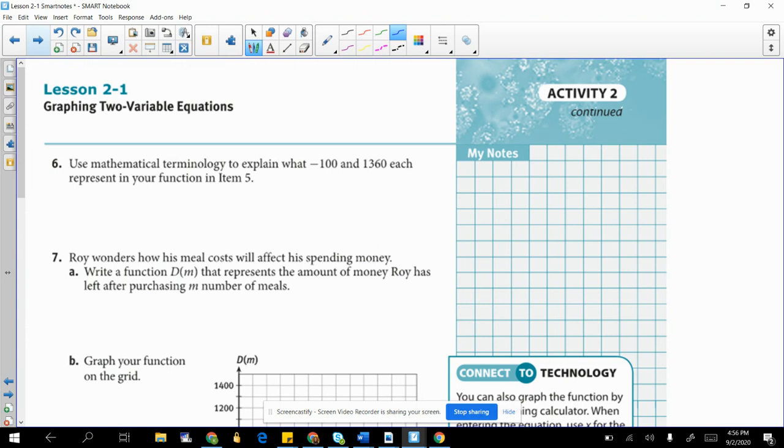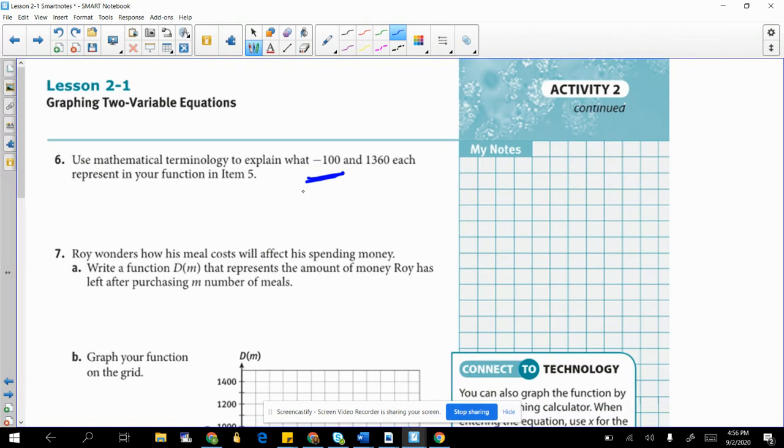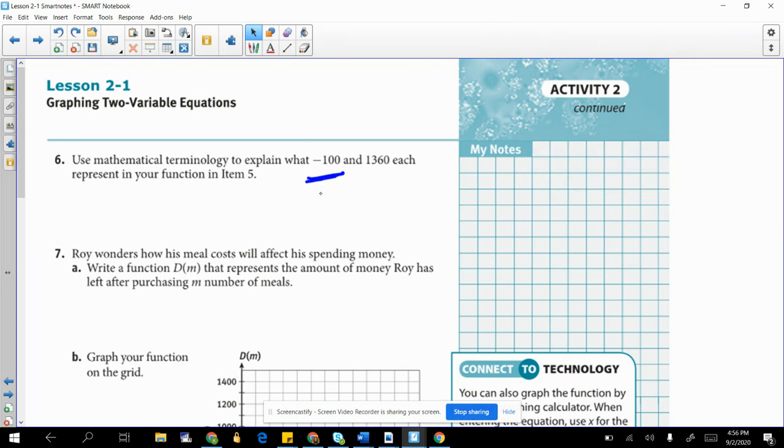Use mathematical terminology to explain what negative 100 and 1360 each represent in your function in item 5. Well, the negative 100 is going to represent your slope. And we talked about this a little bit already. So that's going to be slope.